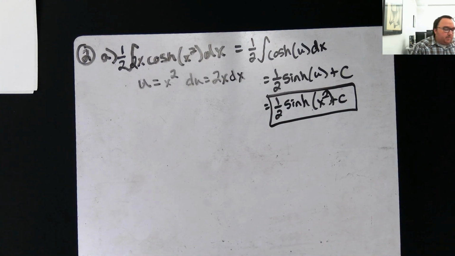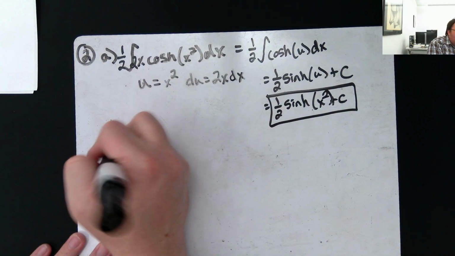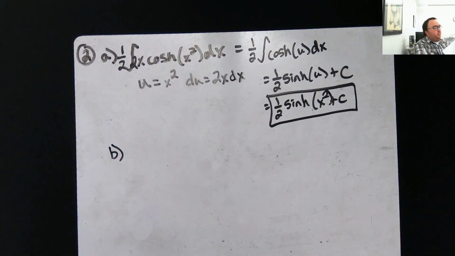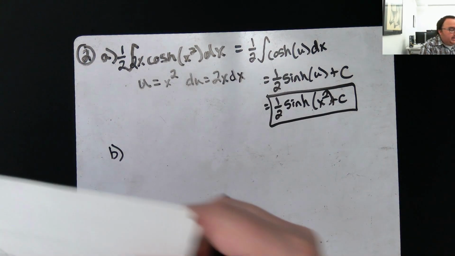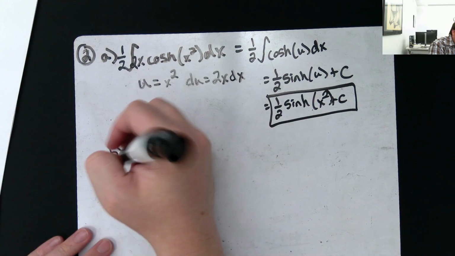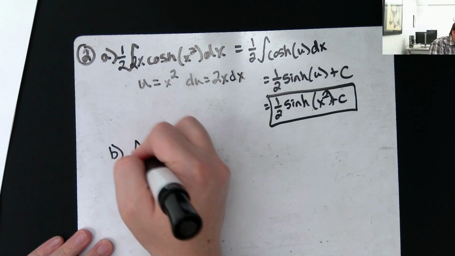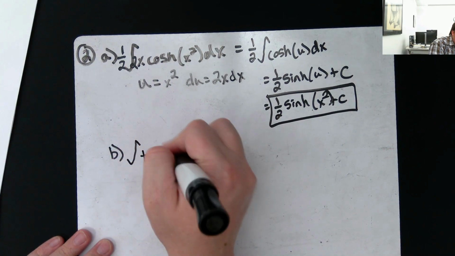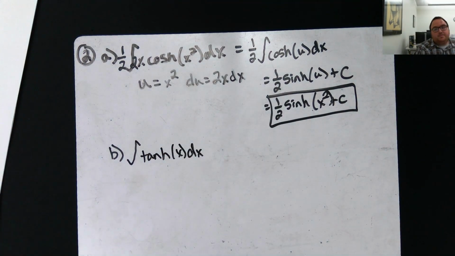Now let's do example 2 part B. Example 2 part B is the integral of hyperbolic tangent of x dx.